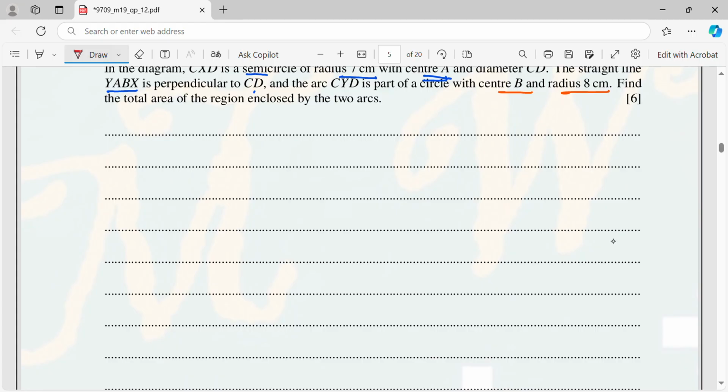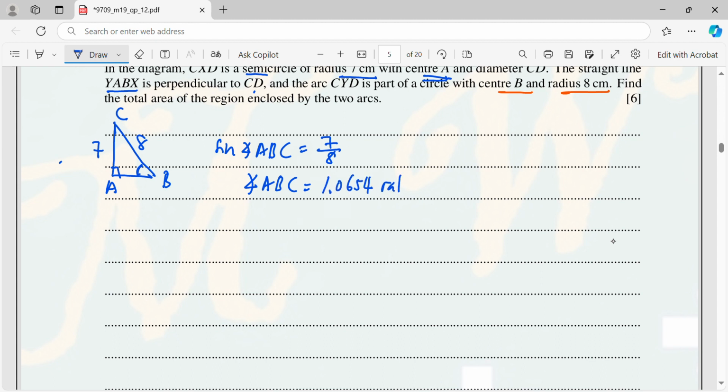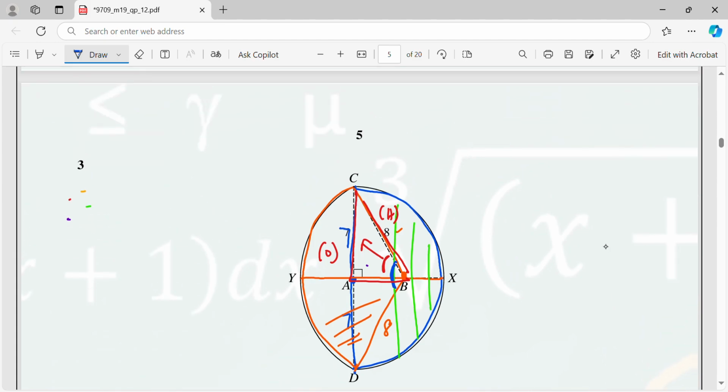So now I will start with angle CBA. This is 7, here is 8. So sine of angle ABC equals 7 over 8. Then from here, I will get angle ABC is basically 1.0654 radians. So from here, I will write my angle CBD.